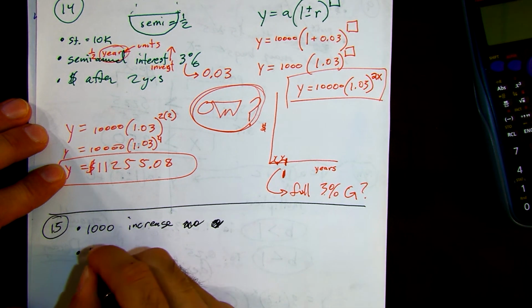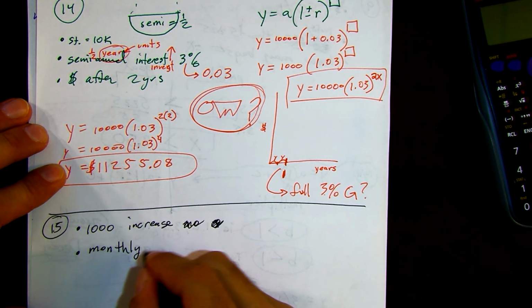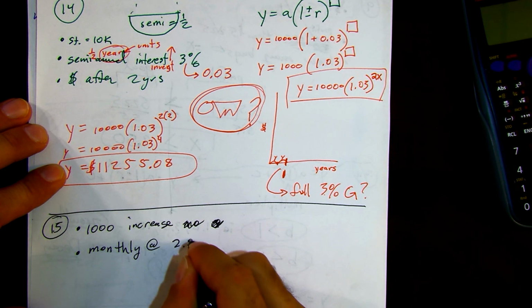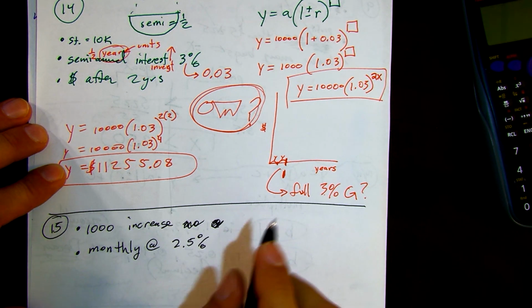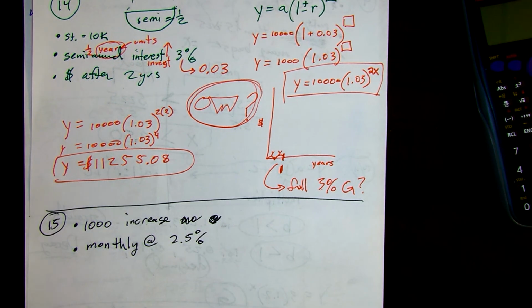All right, if I'm doing bullet points, I would go $1,000 investment is increasing. Monthly. So each month it's having that increase.